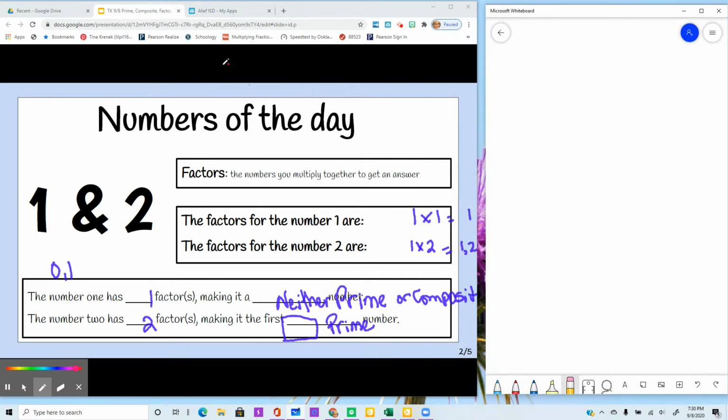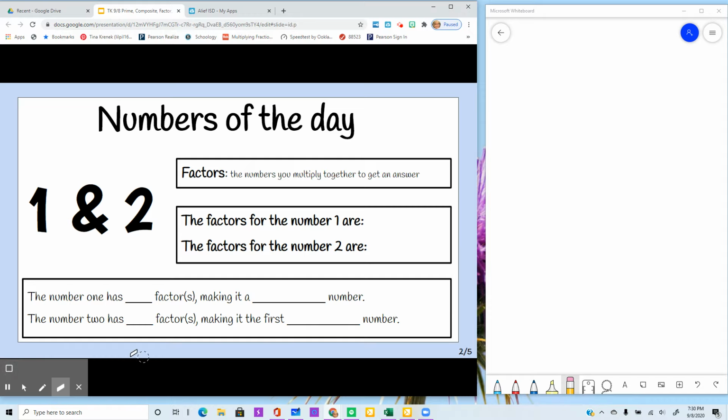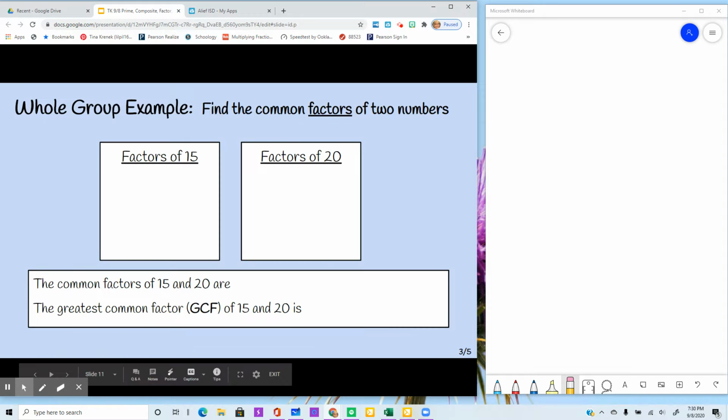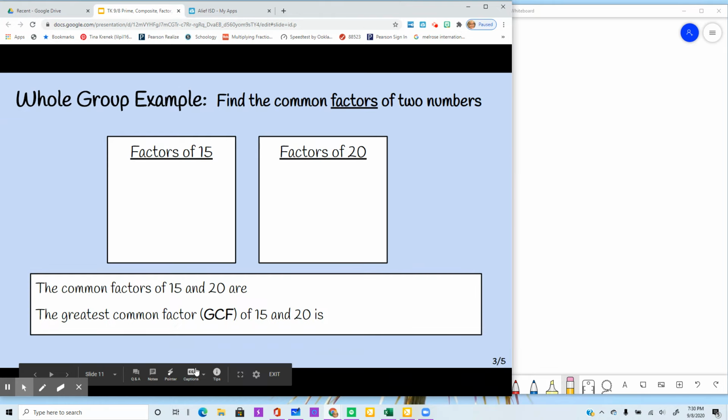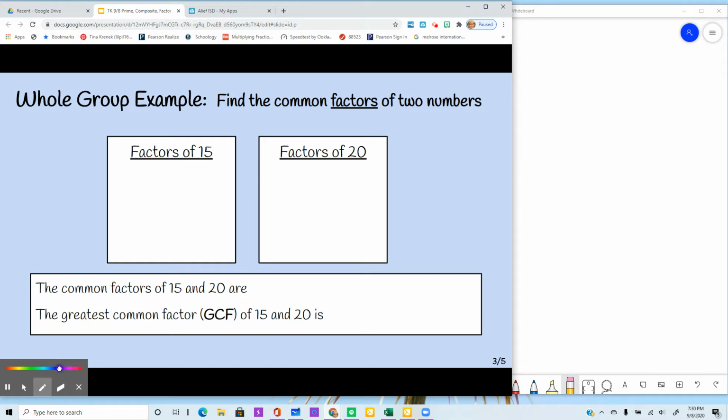So let's go back to our slides. Look at the numbers we have listed. I'm asking for the factors of 15 and 20. And remember, factors are the two numbers that you multiply together to get a number. So the factors for 15 are 1 times 15, 3 times 5.